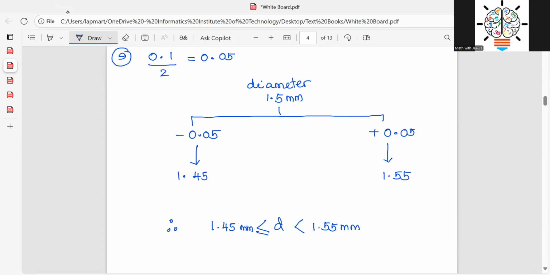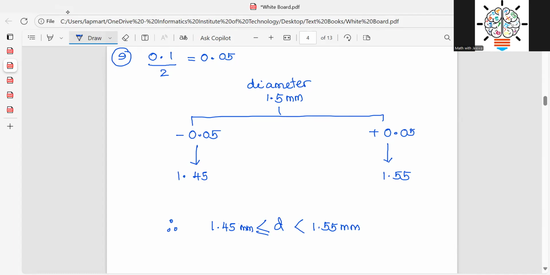It is not equal. 1.55, when you correct to the first decimal place, becomes 1.6. No, that is not 1.5. So any number which is less than 1.55 will be corrected to the first decimal place and gives you the answer 1.5. So the diameter can be 1.45 or more than that, or it can be less than 1.55, right?